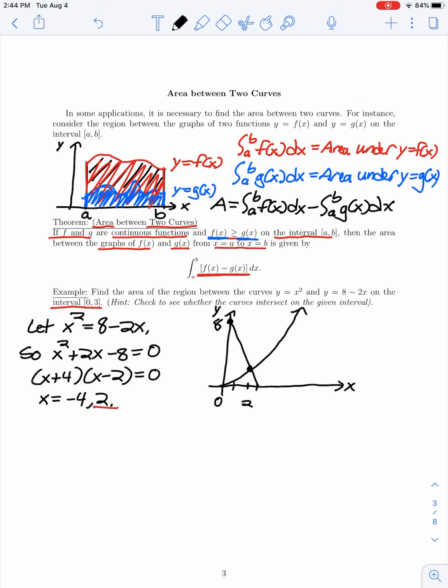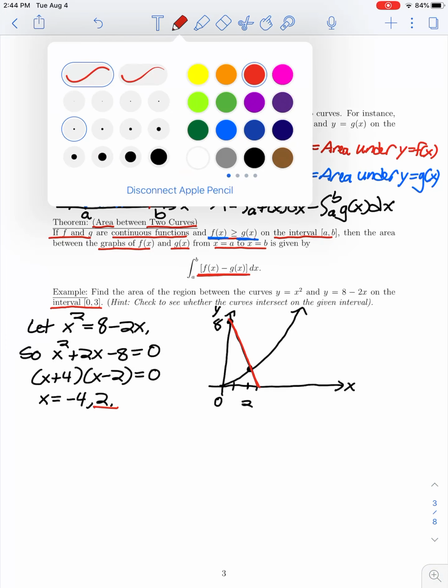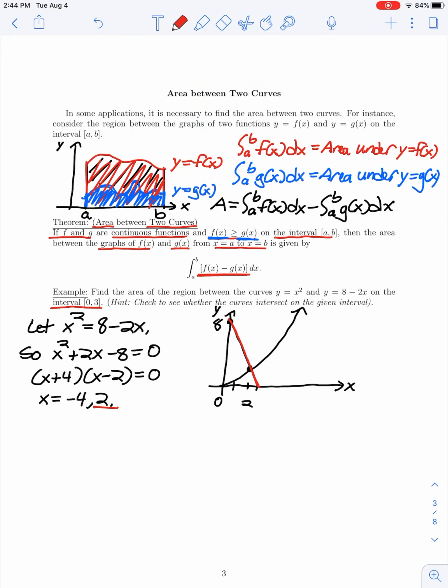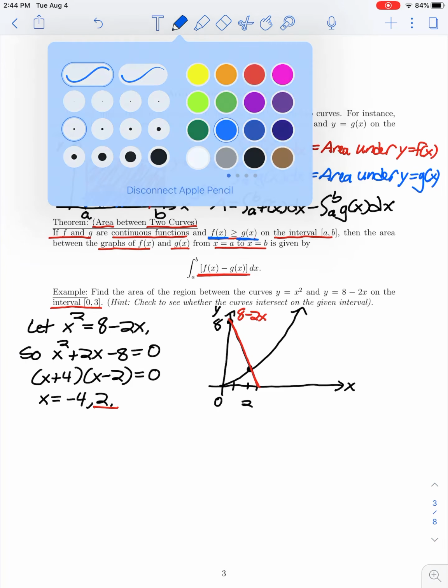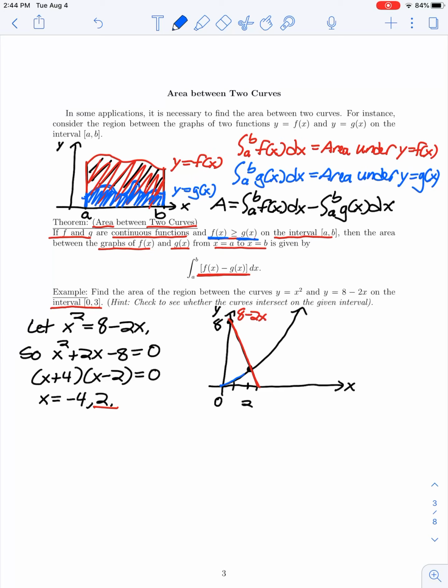Let me maybe use some different colors. I'll use a red line to denote my one curve, which is 8 minus 2x, and then I'll use a blue curve for the graph of y equals x squared.